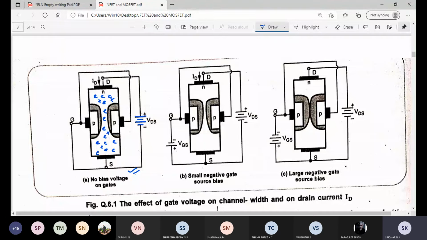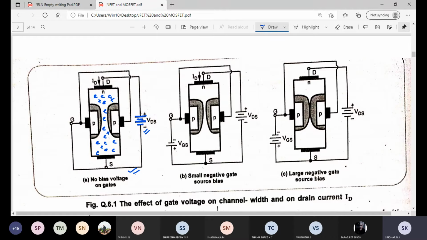So the majority charge carriers in the channel here are electrons, because it is N channel. So these electrons should be pulled to this potential. That means this potential should attract the majority charge carriers which are in this channel. So what polarity do I have to give? I should give positive, correct? Yes, positive. So I'll term this as VDS.